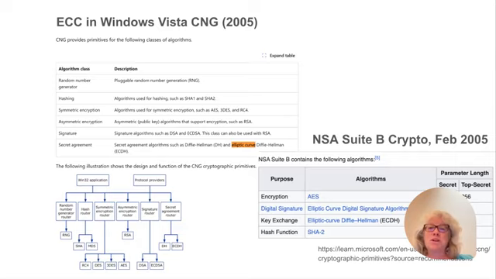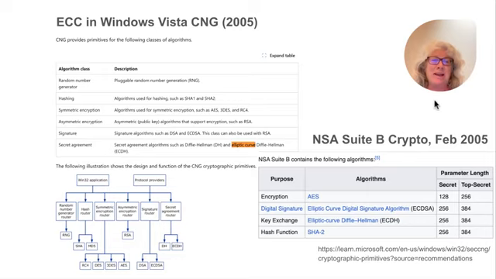So as you can see, elliptic curve crypto in Windows Vista included support for signature algorithms such as ECDSA and also for elliptic curve Diffie-Hellman. These were largely based on the Suite B algorithms requirements and the standard at that time. I don't quite remember exactly the curves, but there were prime curves, binary curves, and Koblitz curves.